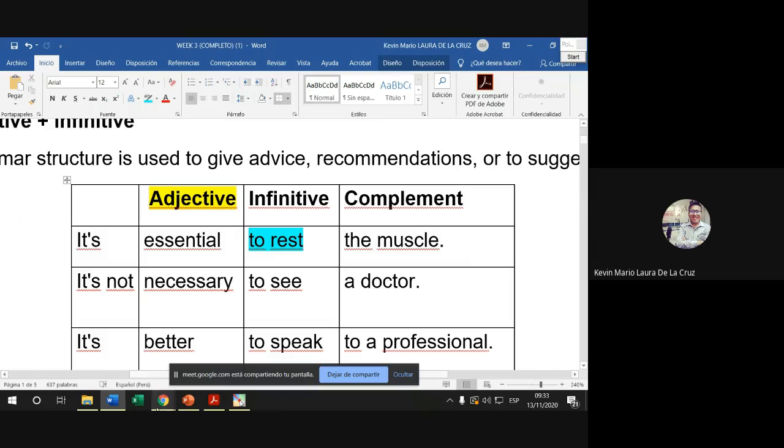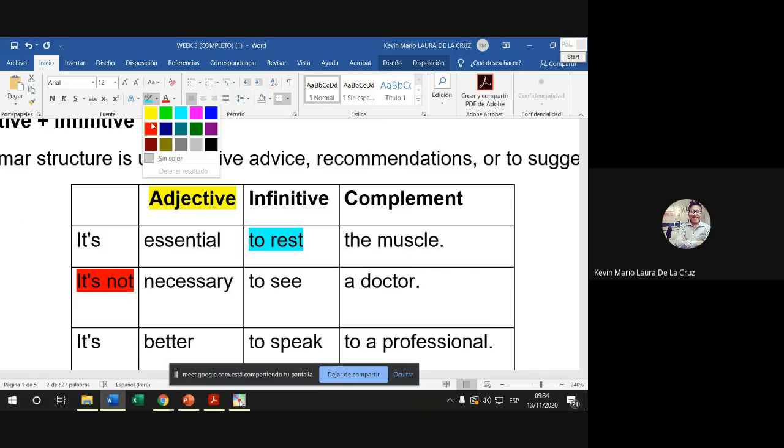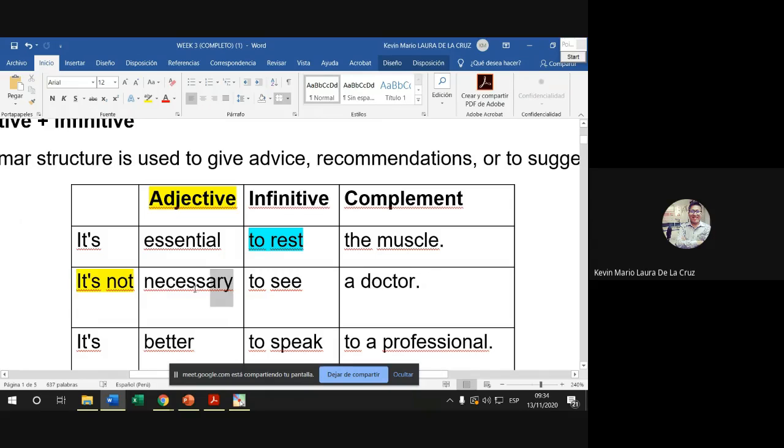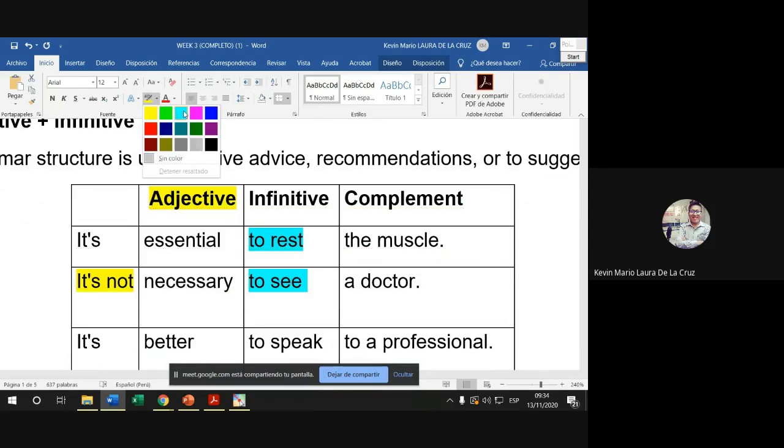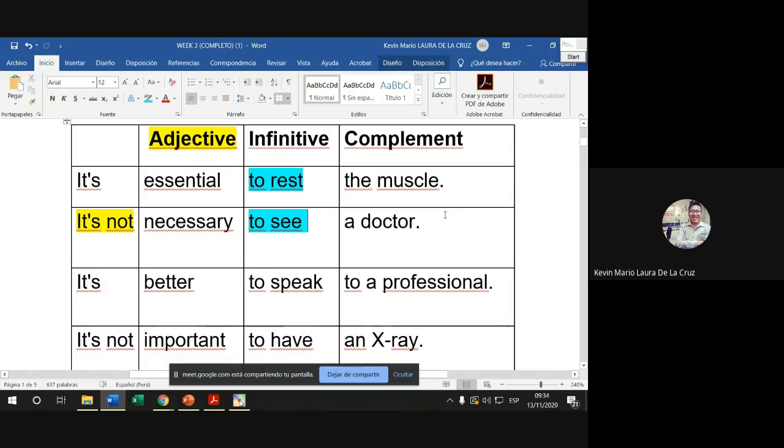But here the same, despite that this is negative form, we use the same adjective, no changes, but after this adjective, we have to use the infinitive with a verb. And of course, a complement just to emphasize the sentence.